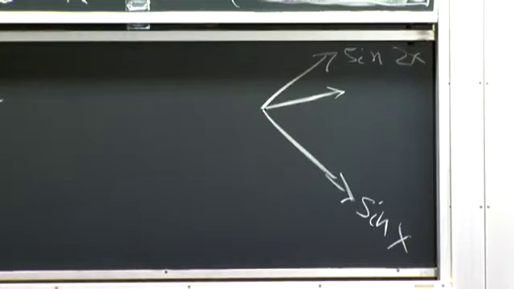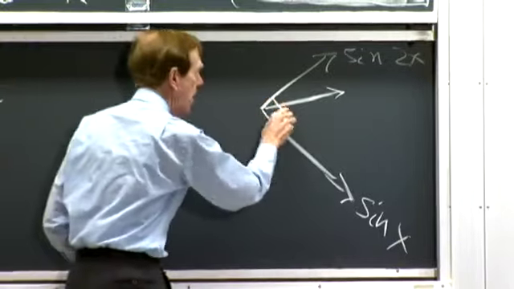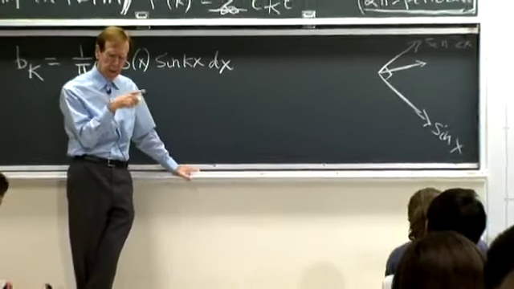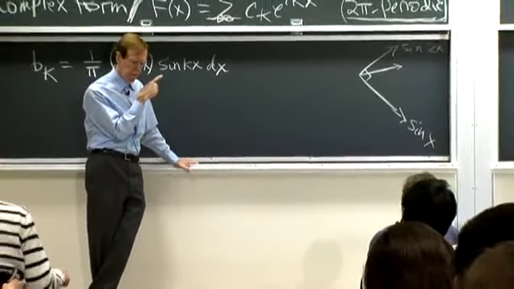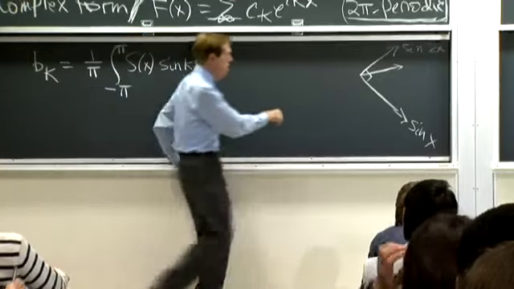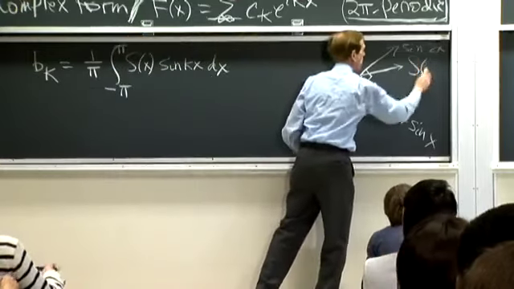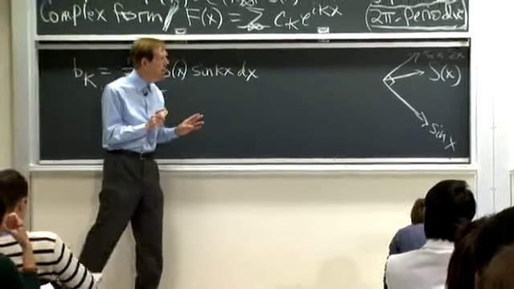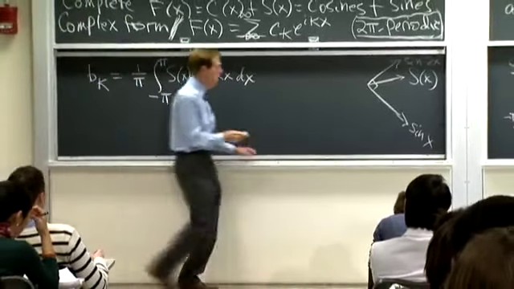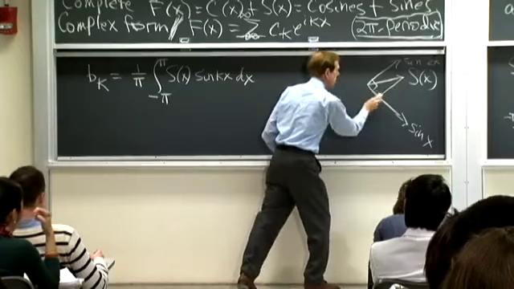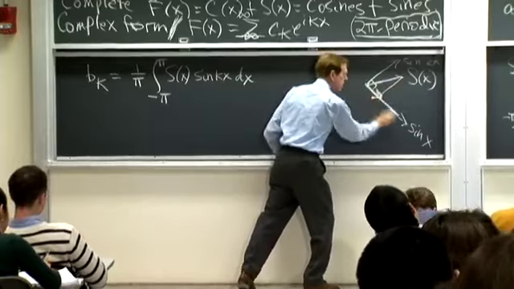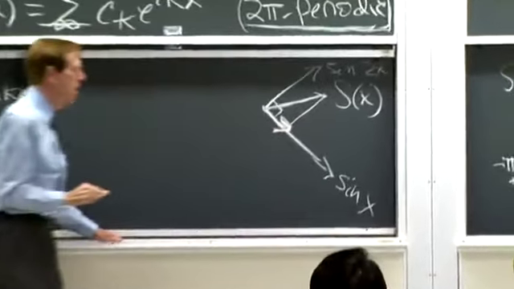The point of this 90-degree angle is that if I can split this s of x, whatever it might be, I can find its sine x piece directly by just projecting it. It's the projection of my function on that coordinate.